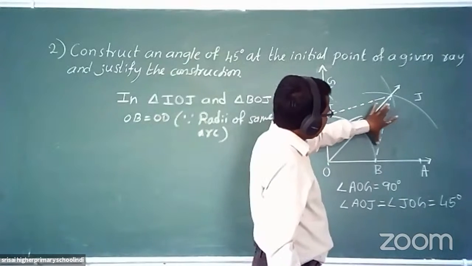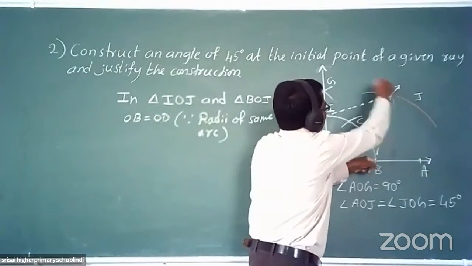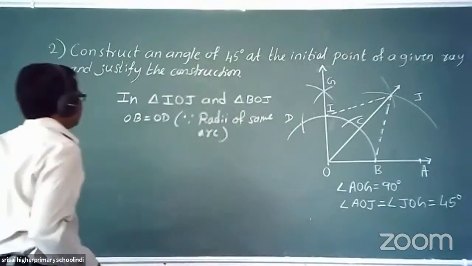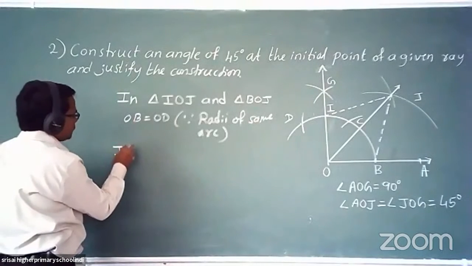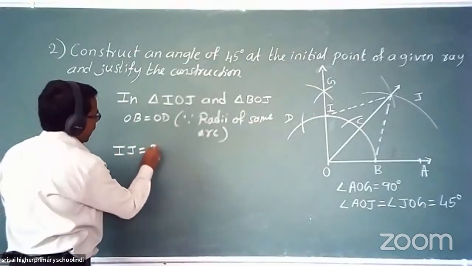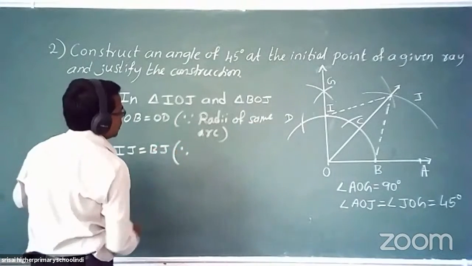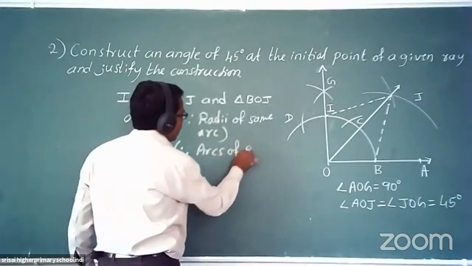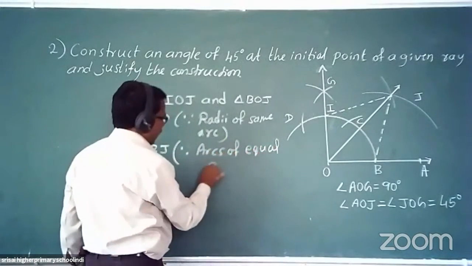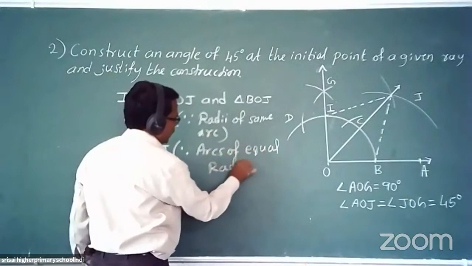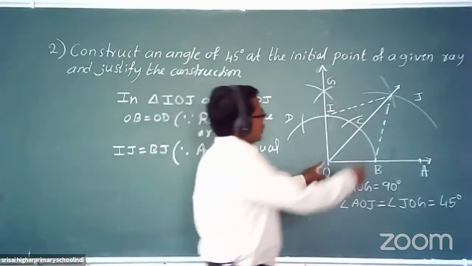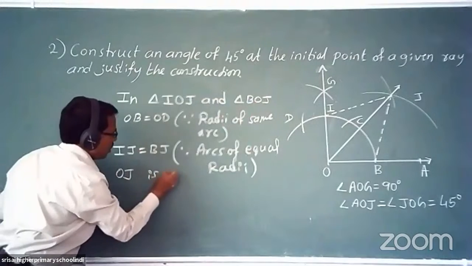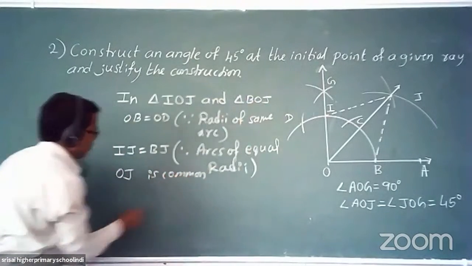Then IJ and BJ are also equal because we have drawn an arc here and also another arc here, and these arcs are of equal radii. So IJ equal to BJ. Why? Because these are arcs of equal radii. Next, OJ is common.